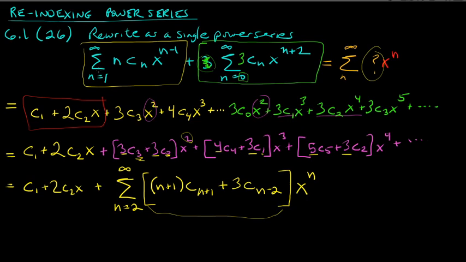Instead of starting at 0 and 1, we're now starting at 2 because we left these alone on the outside here. Okay. So let's do one more because this is something you're going to have to do over and over again in the next two sections.